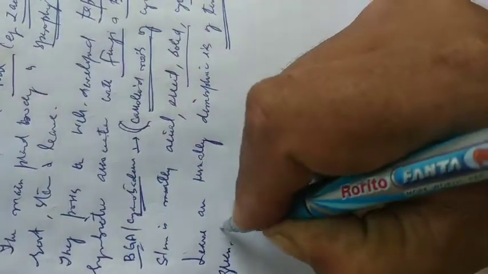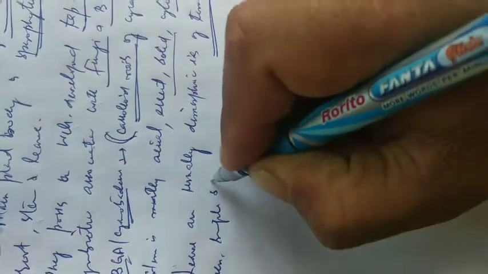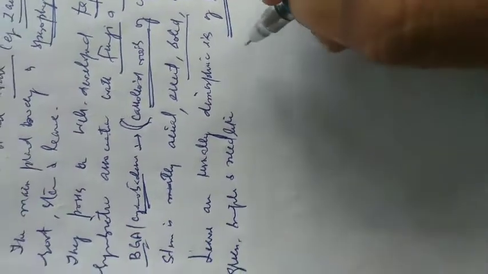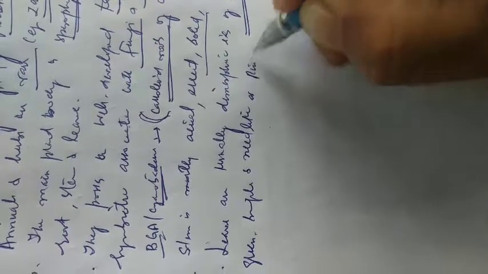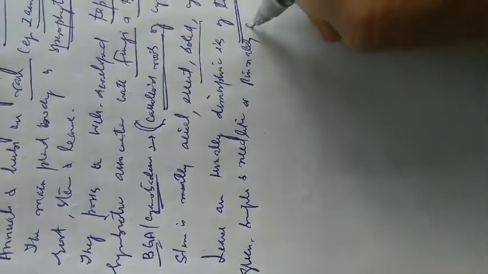Number 1st, foliage leaves, which are green, simple and needle-like, or sometimes they may be pinnately compound. The leaves are of two types: foliage leaves, which are generally green, simple and needle-like, or maybe pinnately compound in some cases.